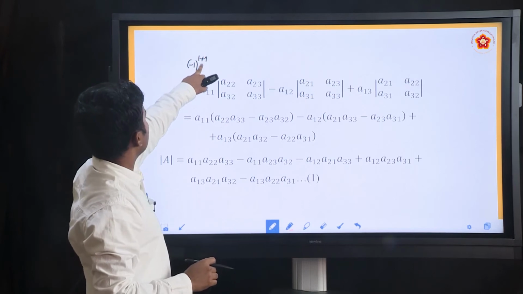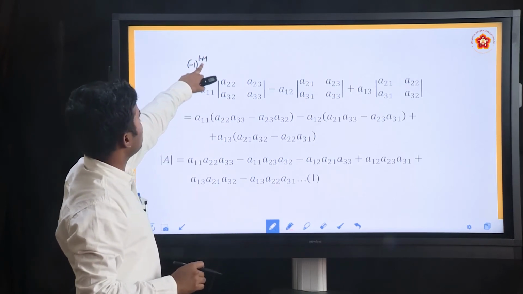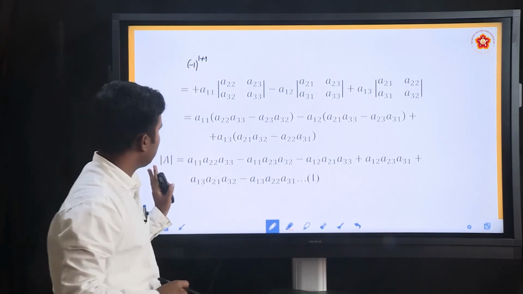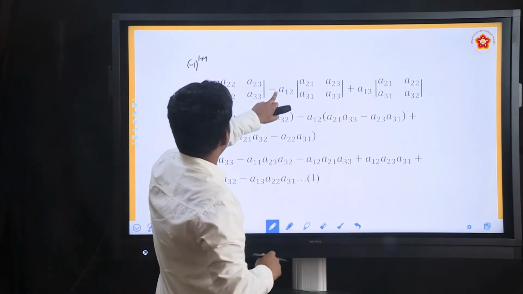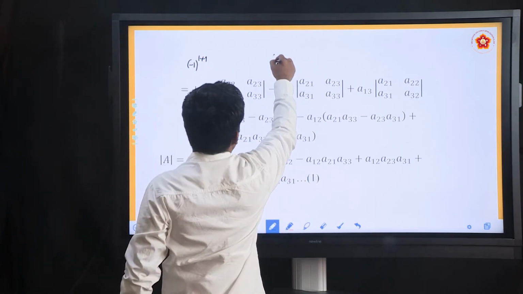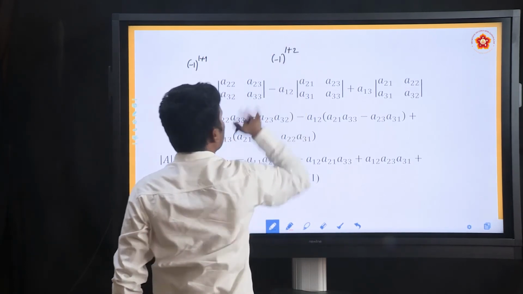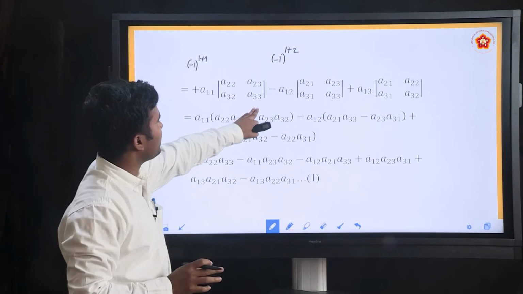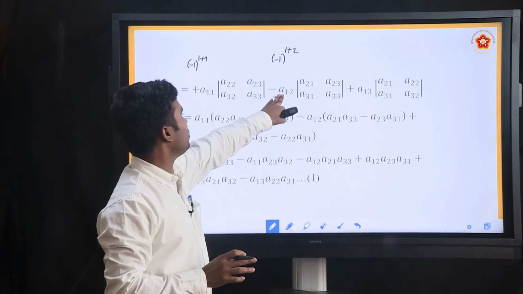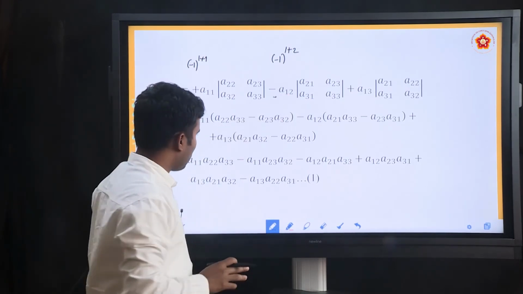So what is minus 1 to the power 1 plus 1? Minus 1 to the power 2, it will become plus. And here, that is minus 1 to the power 1 plus 2, that is minus 1 to the power 3. Minus 1 to the power 3 is minus. So minus into A12 is minus A12.